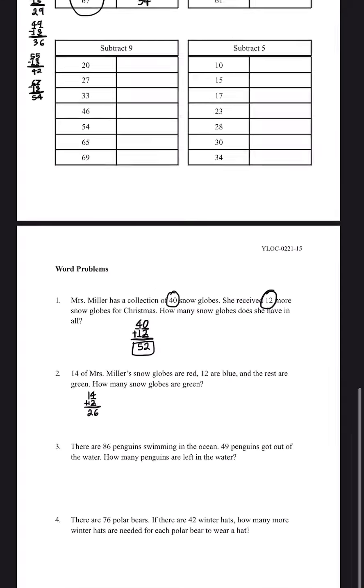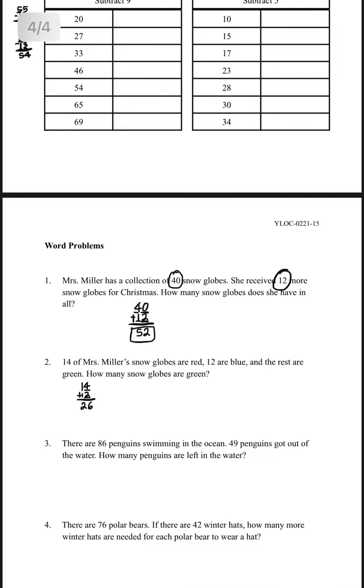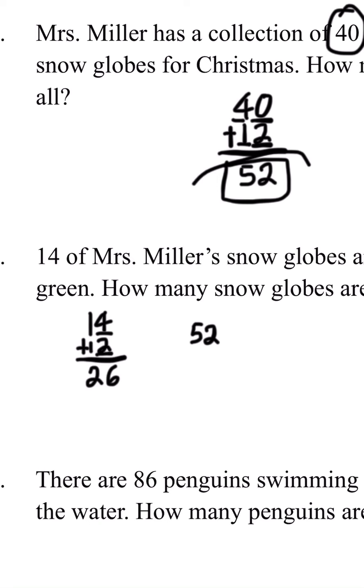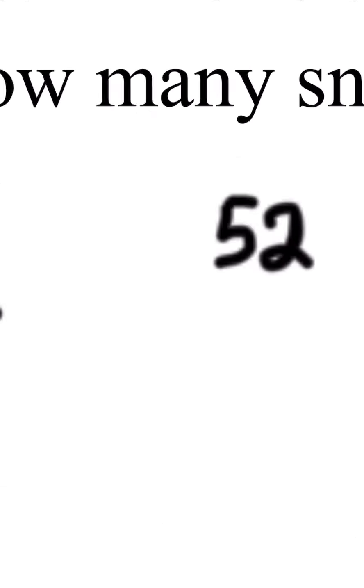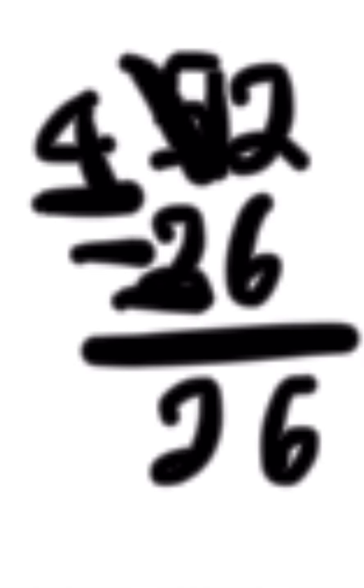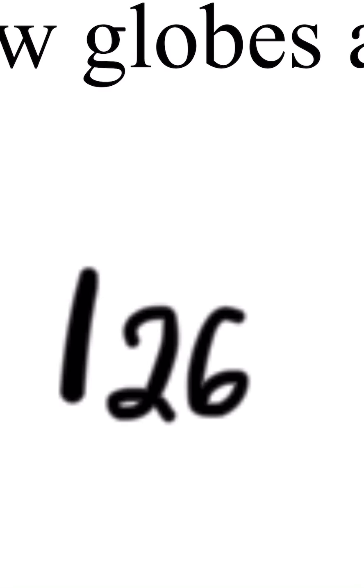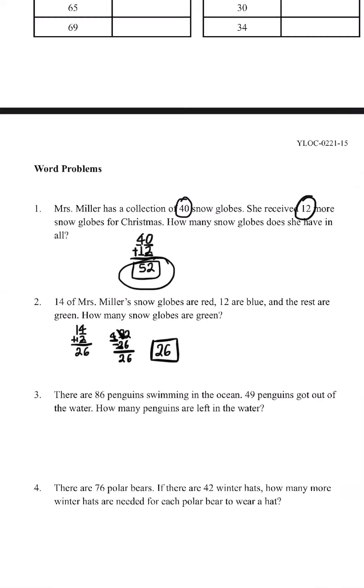And now we need to subtract 26 from 52, because 52 is the total number of snow globes. So 5 becomes 4, and 2 becomes 12, and 12 minus 6 is 6, and 4 minus 2 is 2. So 26 is the answer for number 2.